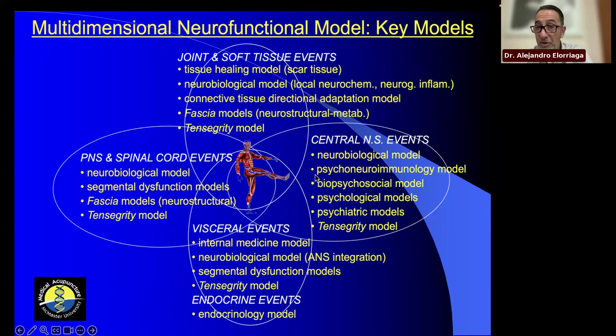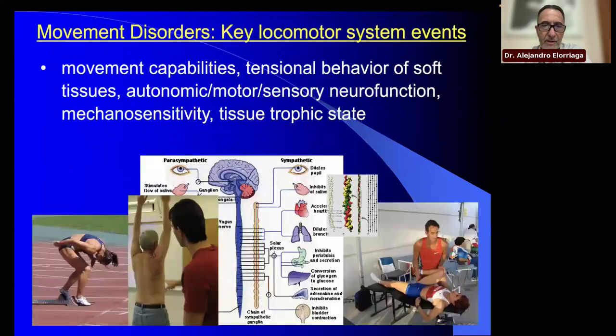And then you need to know the biopsychosocial model, the psychological, psychiatric models, the psychoneuroimmunology model. Of course, nobody can know this in depth, but you need to be aware of the multiple interactions between endocrine system, locomotor system, psychology, and general functioning of the body.